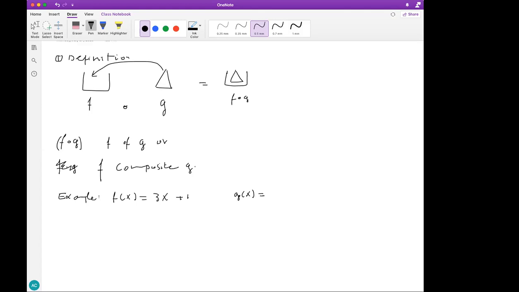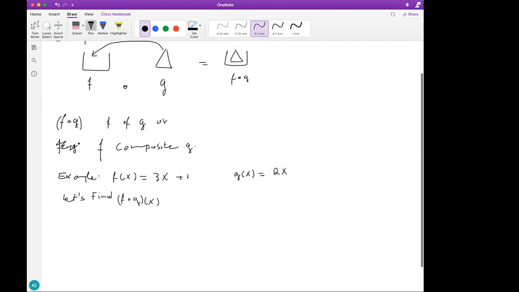So g, let that be, for example, just maybe 2x. So let's find f of g of x. We can add that here.